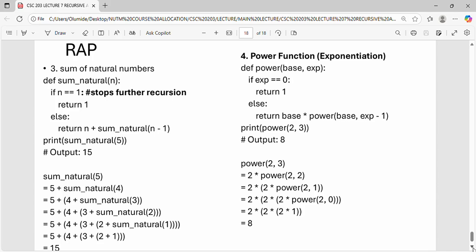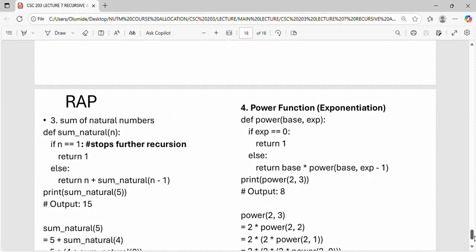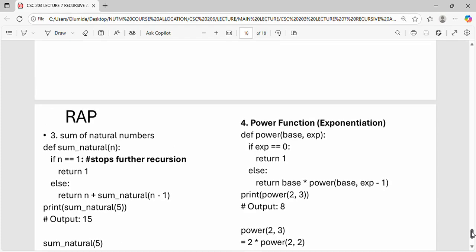Else, return n plus sum natural n minus 1. So we print, if it's 5, the output will be 15. And let's look at how that works. If we say sum underscore natural and put 5 there, that means we're saying 5 plus sum natural 4. 5 plus, like that, it goes on and on till you arrive at 15. This is recursive in nature.